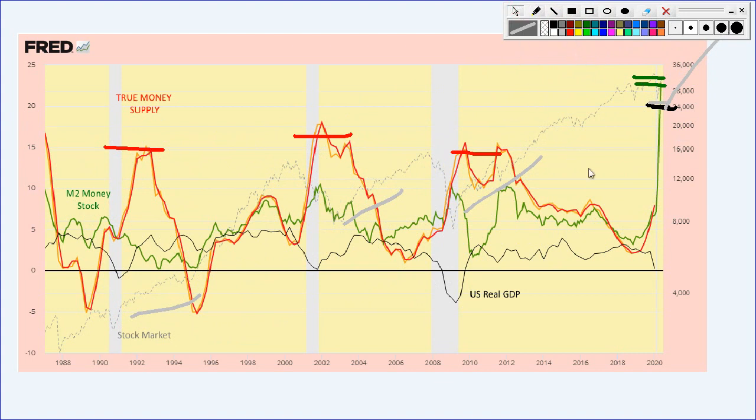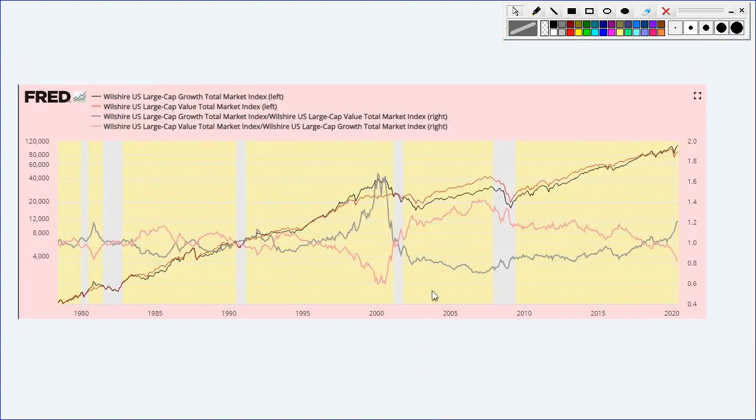But I've posted a chart on Twitter that's worth looking at, and that is, is there room for the market to move? I'll click it over. And here we have this chart, which shows the black line, which is growth, and the red line, which is value. The growth is like your tech stocks which don't pay any dividends.